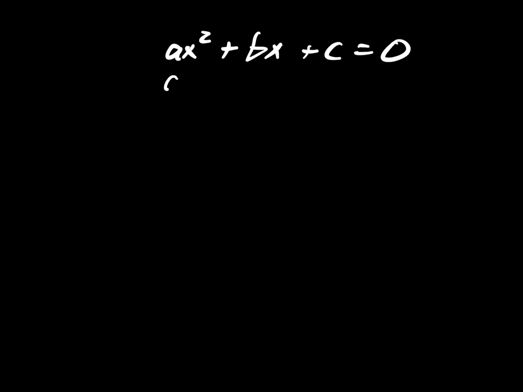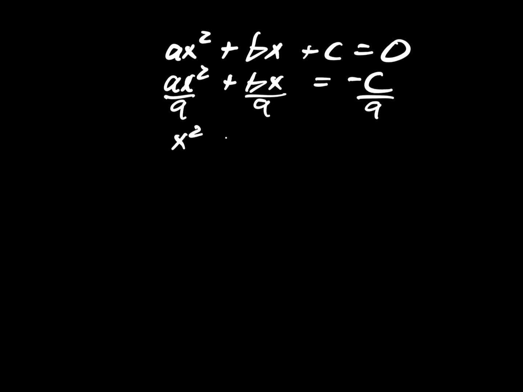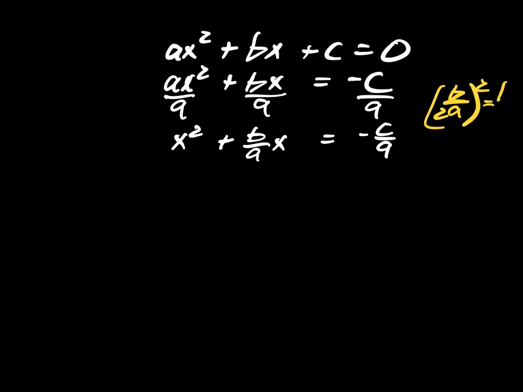And so when we do that, we get ax squared plus bx equals negative c. And then we divide everything by a, or multiply by 1 over a. So we get x squared plus b over a x equals minus c over a. And then, like we did before, we take b over a, multiply it by 1/2, which is b over 2a, and then square it. So we get b squared over 4a squared.